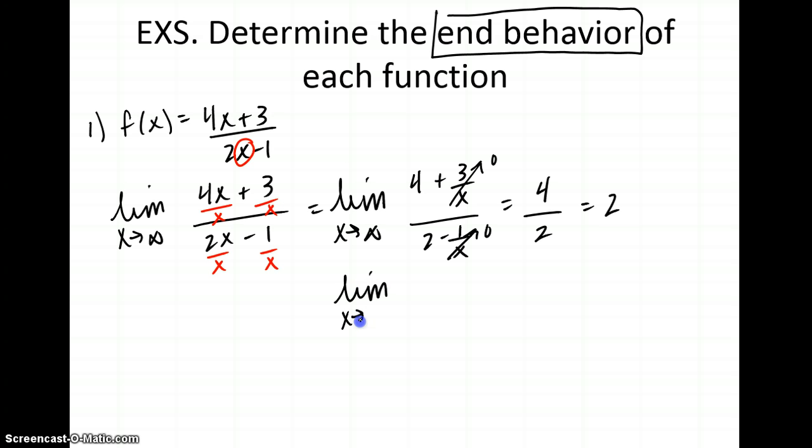Now, we can still use this simplified form. The 4 and the 2 stay put, and we know that the theorem remains the same as x approaches positive and negative infinity. These limits still approach 0. So what can we conclude from here? There's a horizontal asymptote at y equals 2. So that would be the end behavior.